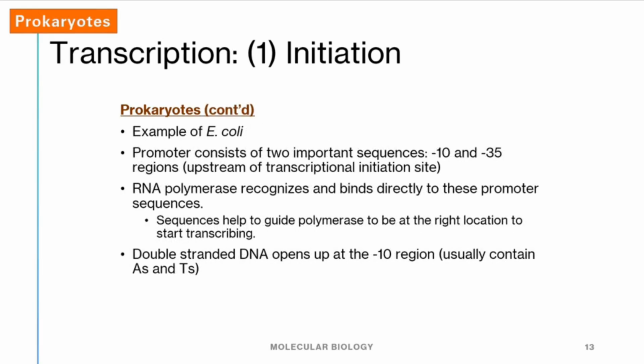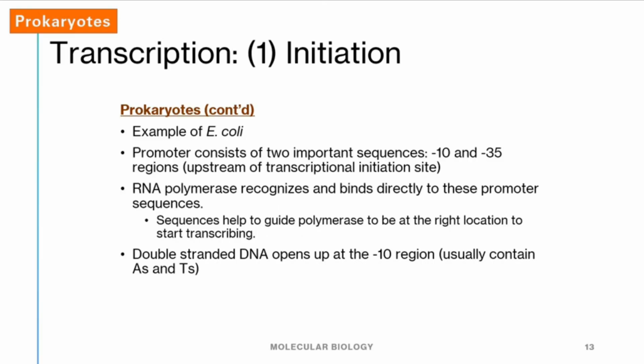For example, in E. coli, the promoter region usually consists of two important sequences, the -10 sequence and the -35 sequence. Both these sequences are upstream of the transcription initiation site, because promoters are always upstream of the transcription initiation site.